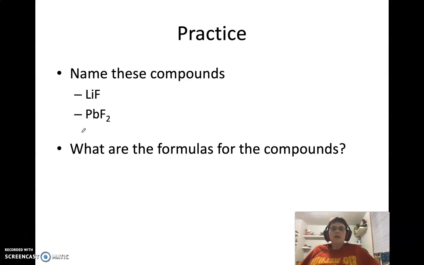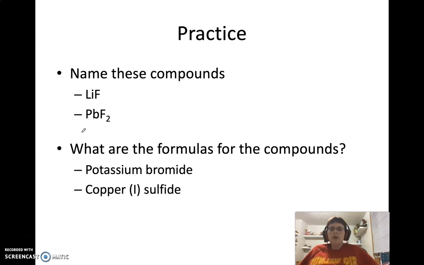Then the other thing is, what are the formulas for some ionic compounds? I've got a couple here: potassium bromide and copper 1 sulfide.